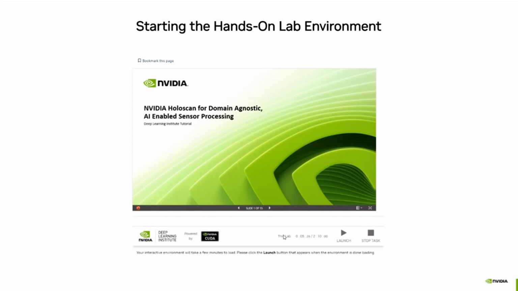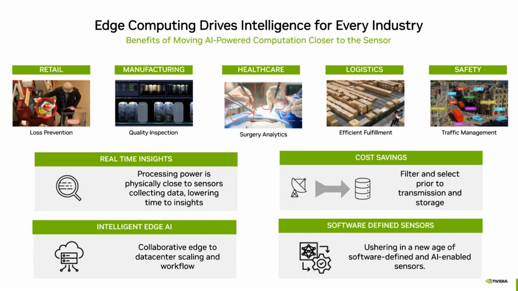Once your virtual environment is up and running, you'll see this screen. You'll click on the Launch button, and that will open a new browser tab that will have your hands-on lab environment. Okay, if anyone has any problems starting your environment, like I said, please use the chat and someone will help.